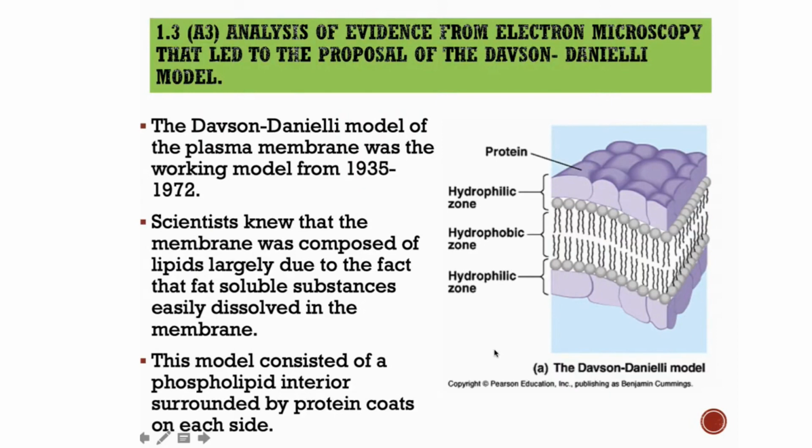The models of the membranes were developed long before membranes were first seen with the electron microscope. In 1935, Davson and Danielli proposed a sandwich model in which the phospholipid bilayer was lined on both the inner and outer surfaces by a globular protein.